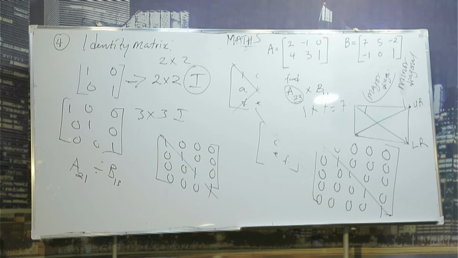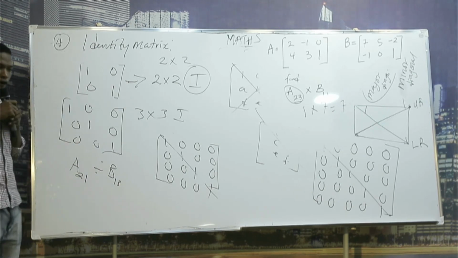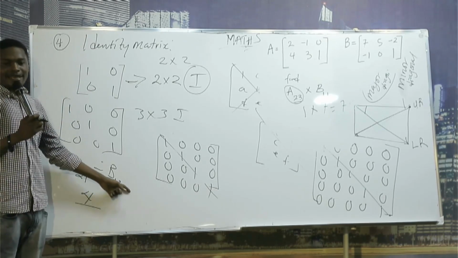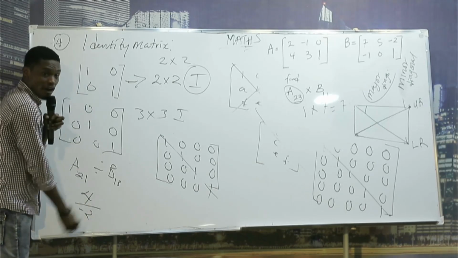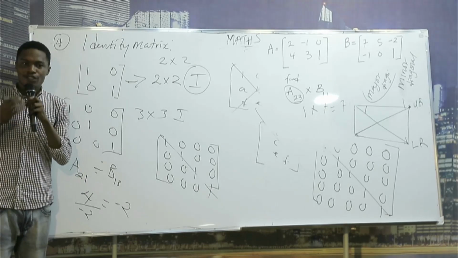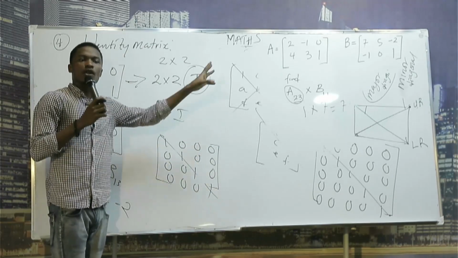Check it. What is A21? Is it 4? Divided by, what is B13? Is it minus 2? I have minus 2. So 4 divided by minus 2 is minus 2. Okay? So it just occurred to me that we did not solve questions when we talked about this.